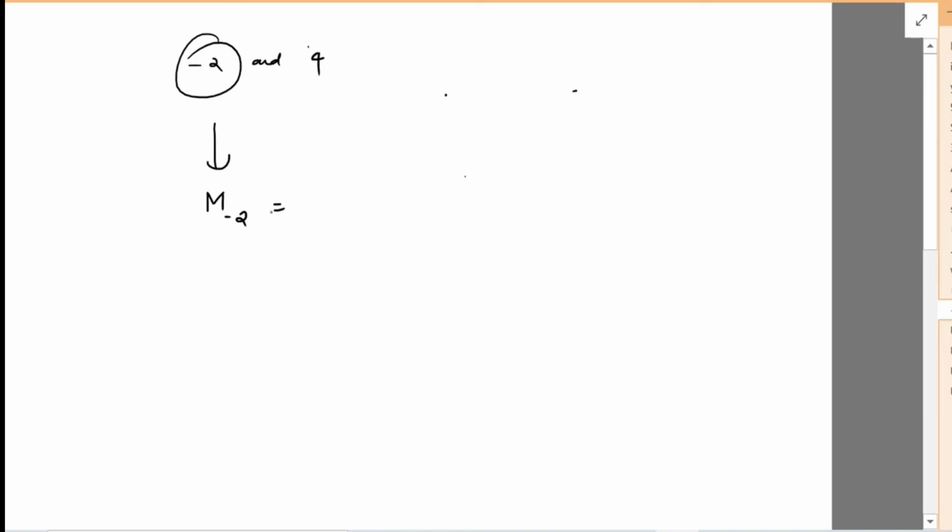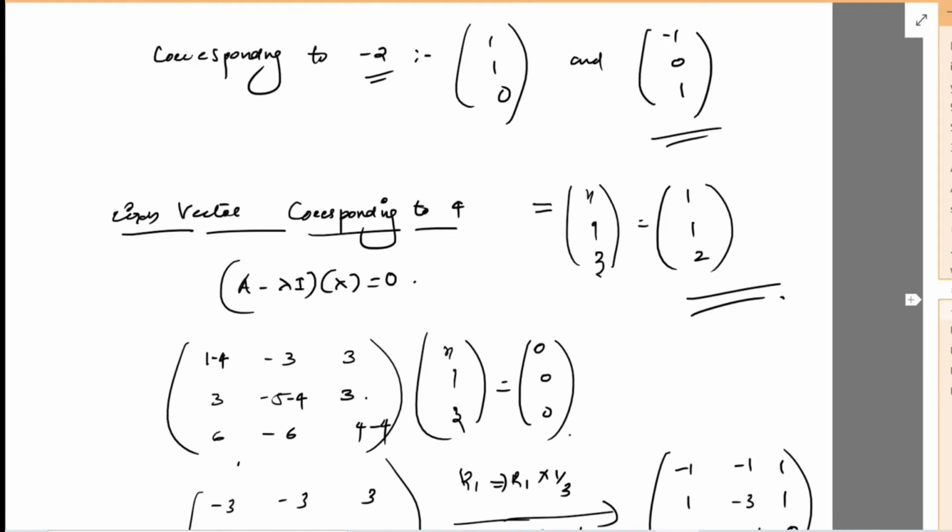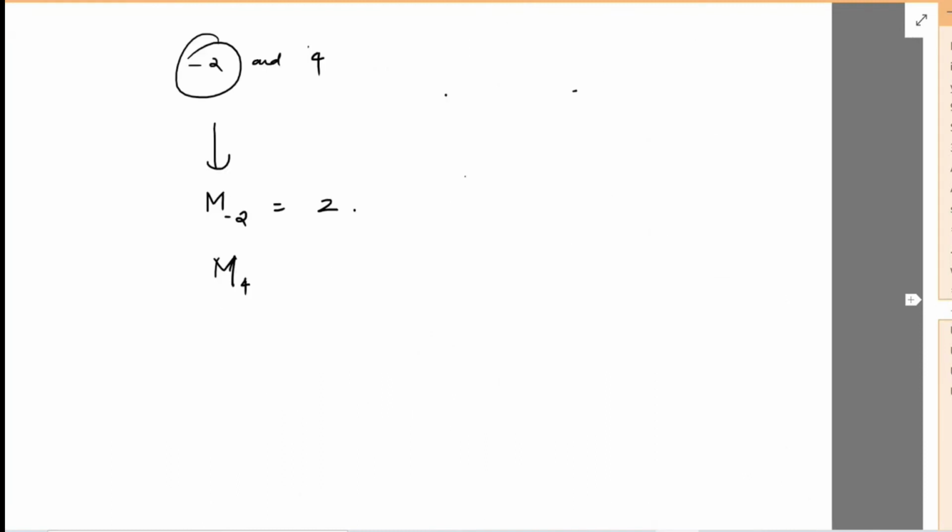We got two independent eigenvectors, so m minus 2 will be 2. Because we got two free variables, we can find two independent eigenvectors. So the geometric multiplicity of minus 2 will be 2, and the geometric multiplicity of 4, m4, we got only one independent eigenvector, that is, we got one free variable. So that will be equal to 1. Okay.